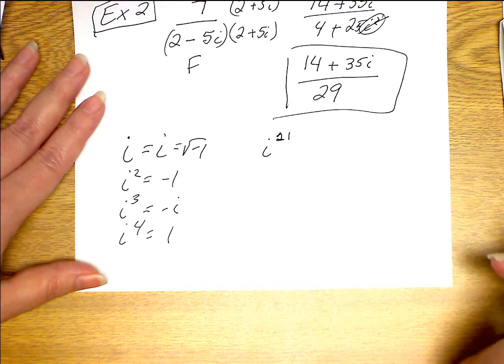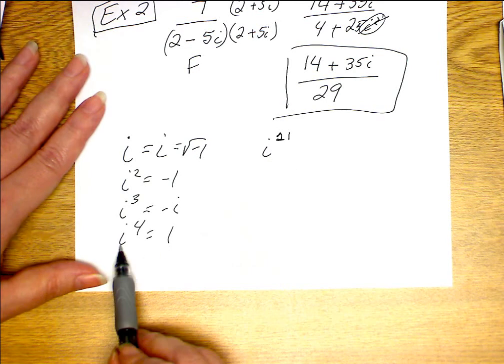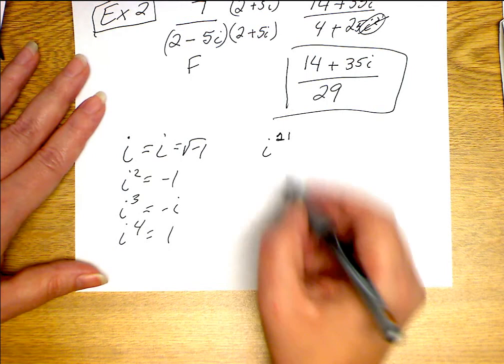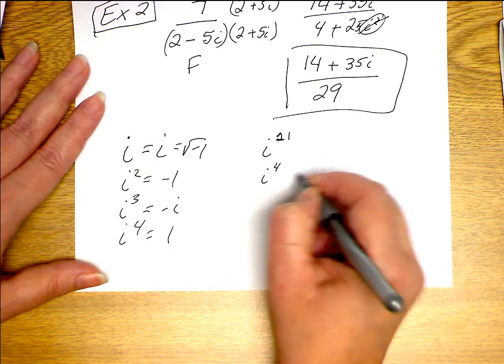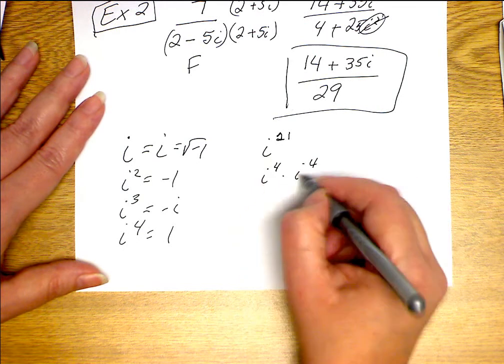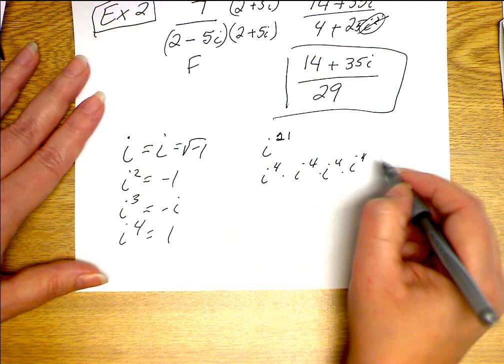You can do 5 of them. But what is i to the 4th? i to the 4th is 1, right? So what you're saying, just so you can see, is that there's 5 of them: 1, 2, 3, 4, 5.